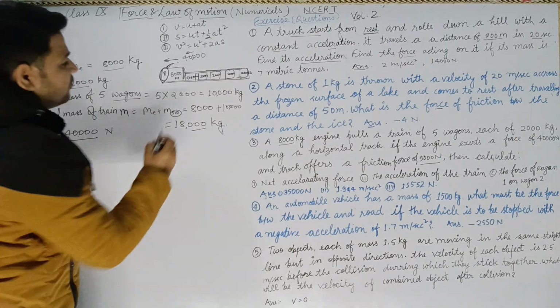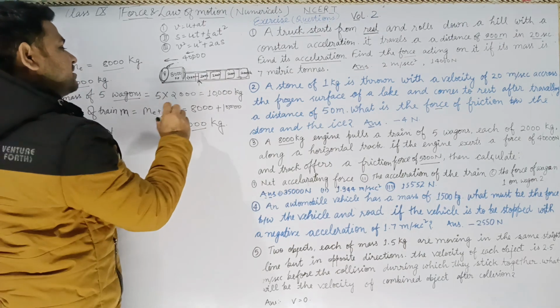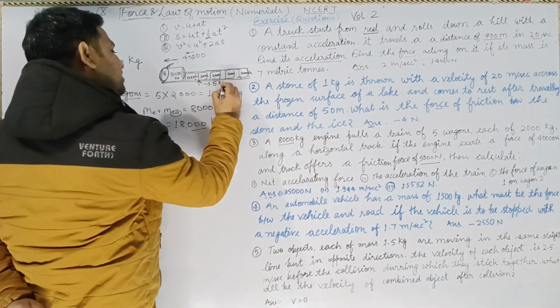The force acting on the track in the opposite direction is 500 Newton.